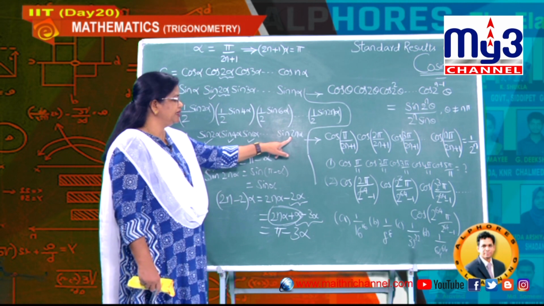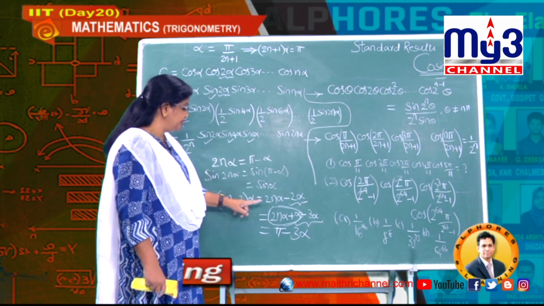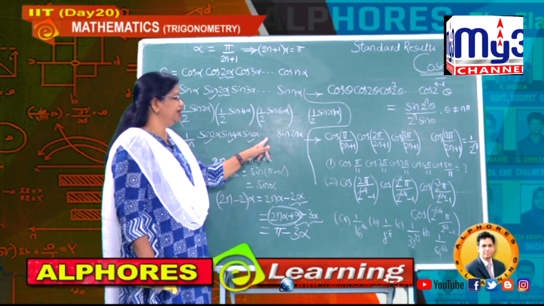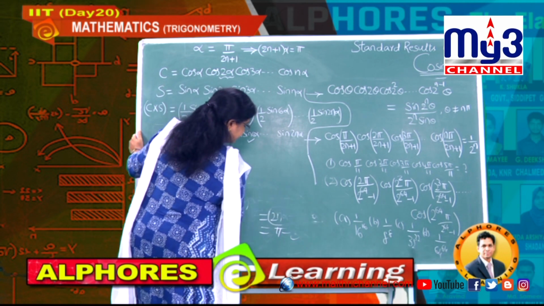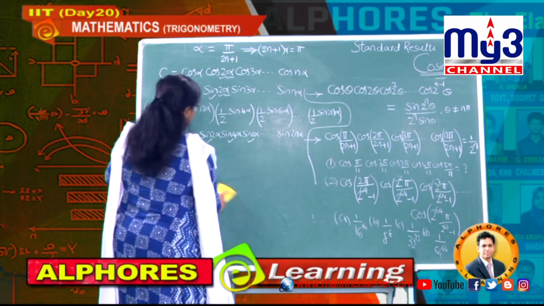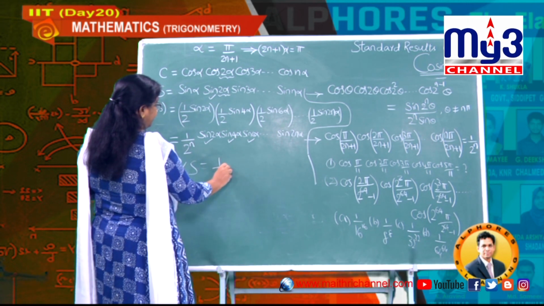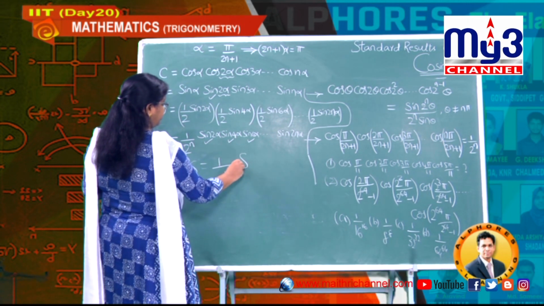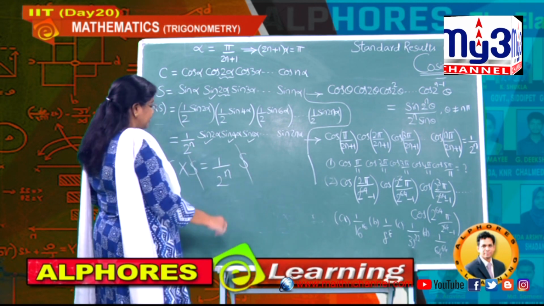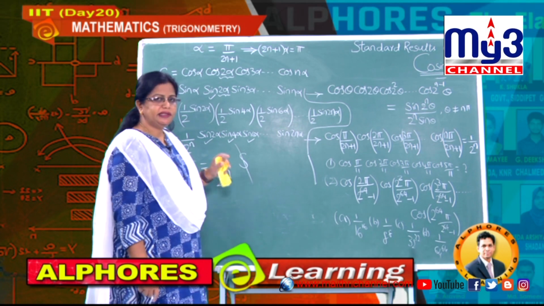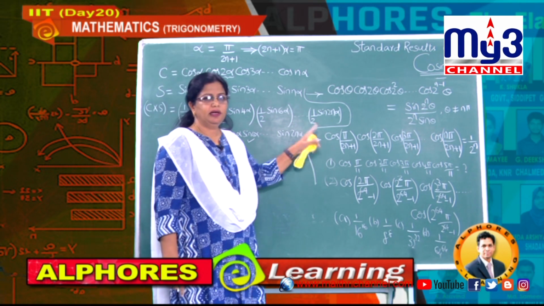So this is replaced by sine alpha, and immediately the preceding term is replaced in the same way by sine 3 alpha etc. So if you write in that way, students, finally what is the result you can obtain? C into S equals 1 by 2 to the power of n into S itself. Now S and S get cancelled. So finally what is the C value? 1 by 2 power n. So that is our answer.